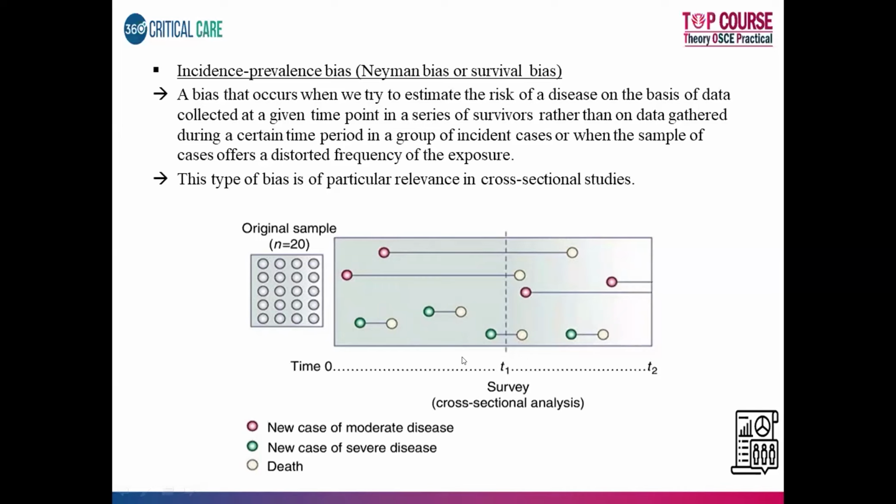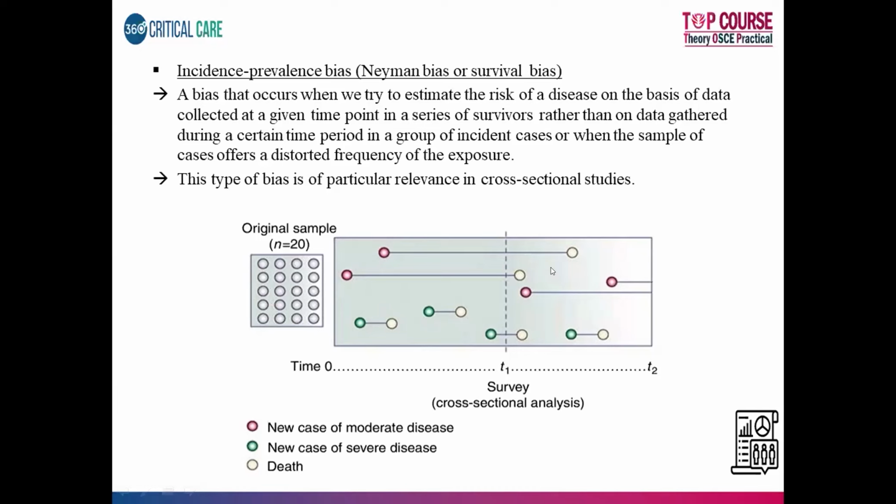However, people with severe disease have a higher risk to die. So in this time period of 0 to T1, already 2 patients have died. So now if you want to perform a cross-sectional survey between this T1 and T2 at a fixed time point, like T1.